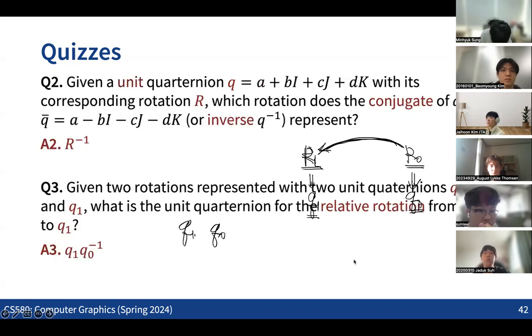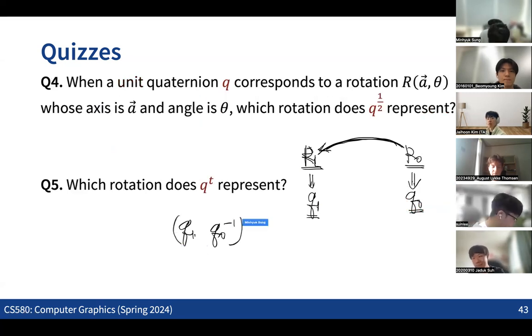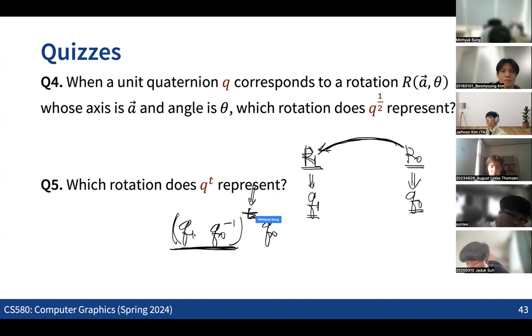So we can interpolate between these two rotations by starting from Q0 and applying this relative rotation while varying T. We are basically taking the quaternion to the power of T, while varying T from 0 to 1.